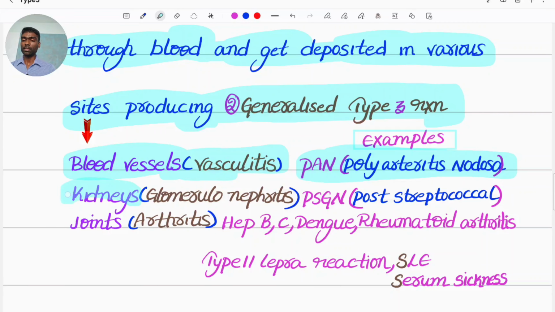In kidneys, on the glomerular basement membrane, leading to glomerulonephritis, post-streptococcal glomerulonephritis. In joints, on the synovial membrane, leading to arthritis in viruses like hepatitis B, C, dengue and rheumatoid arthritis.